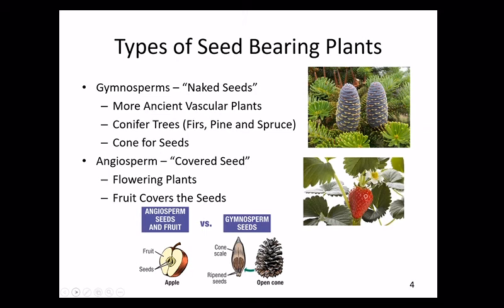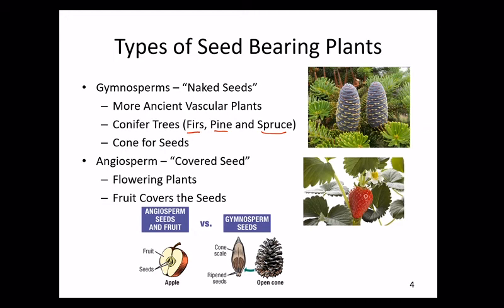They don't produce flowers, but they're going to have seeds that are not covered by a fruit or a diploid cell. Okay? The seeds themselves are going to be typically found in the form of a cone. And so the seeds are making up the whole cone. And so we see these very commonly in conifer trees, firs, pine, and spruce.